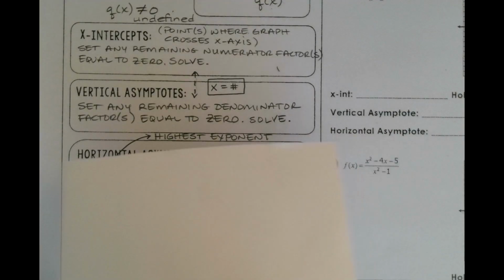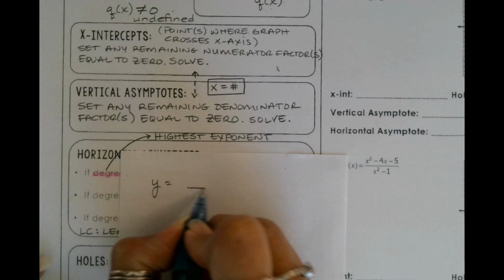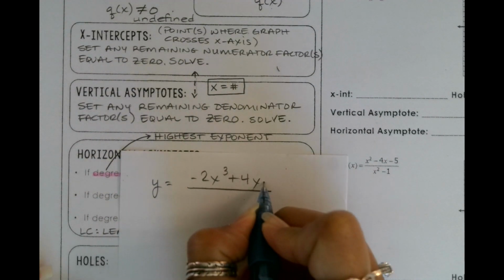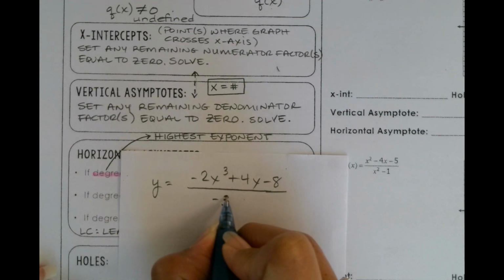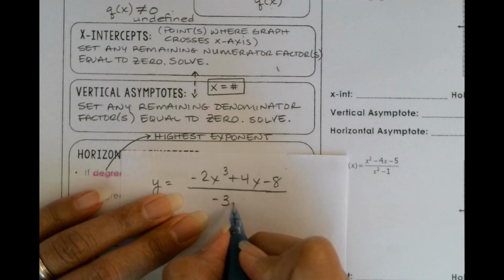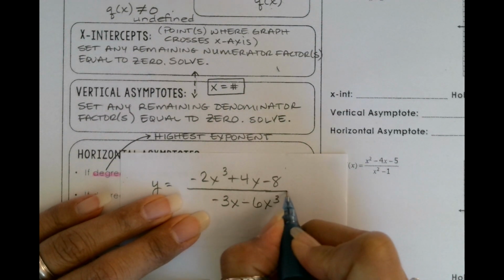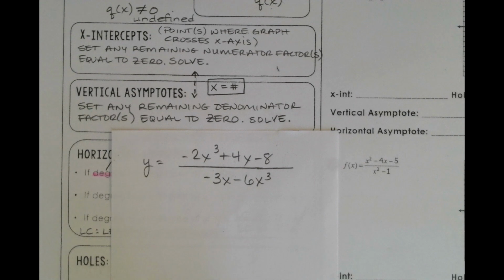Let's say I gave you a rational function written in this format, and I'm completely just making this up. Obviously when you proceed to work this out, you're going to factor and whatnot, but right now all I'm focusing on is reteaching you guys about degree and leading coefficient.